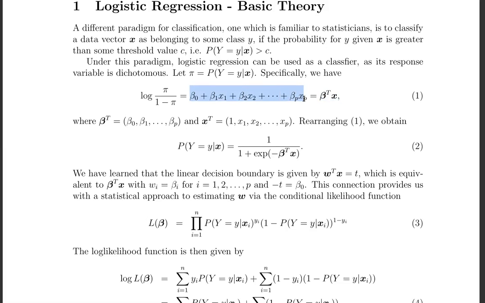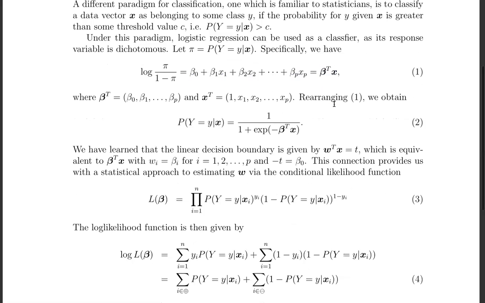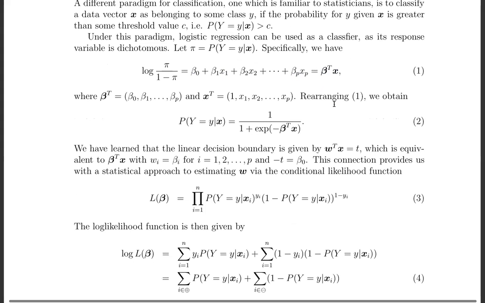And then you can make use of matrix algebra theory to derive results, which is very powerful. That's why we express it in terms of the product here. And if you rearrange this, meaning you take exponentiation on both sides, then you will get something like this. It is quite simple, the algebra.